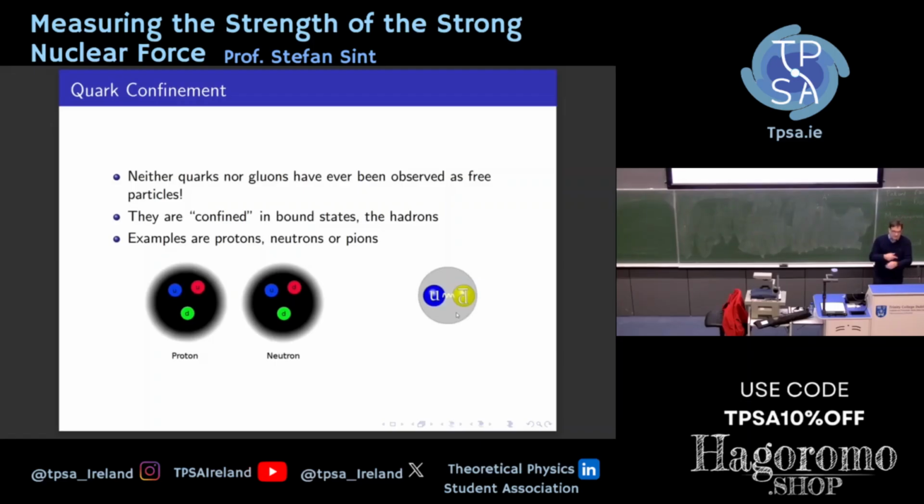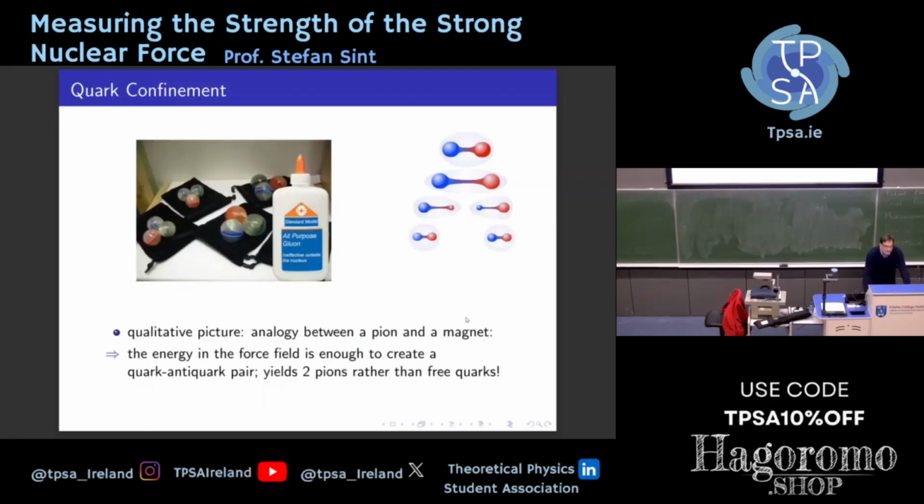And the combinations are such that you can make states that have no color, or white. I mean, white combinations of 3. So if you combine the 3 fundamental colors, you get white. And so the confinement hypothesis is that you always have combinations, bound states, that mix the colors such that you have no net color for the bound state.